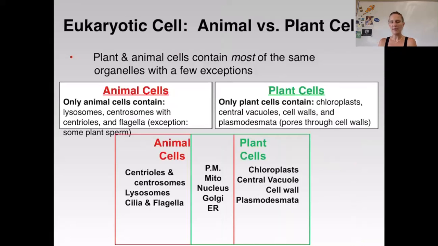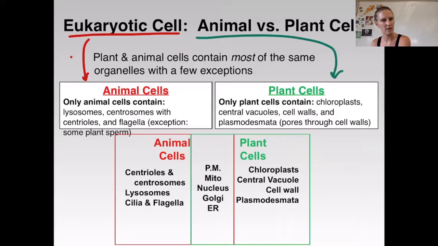Okay, so if you kind of drew a Venn diagram, and of course my Venn diagram didn't work on here, so I'm going to draw it down here. Plant and animal cells are going to be eukaryotic, all right? So in the eukaryotic cells, you can either be animal, or you can be a plant cell, right? They contain most of the same organelles.